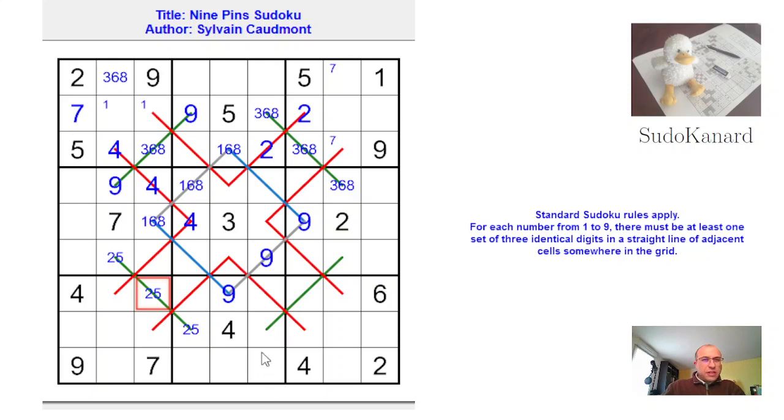That is definitely interesting. The digit that is repeated here must appear in here and in here. Now, it can't be the 9, it can't be the 7 because there's a 7 in here, so that's not a 7.